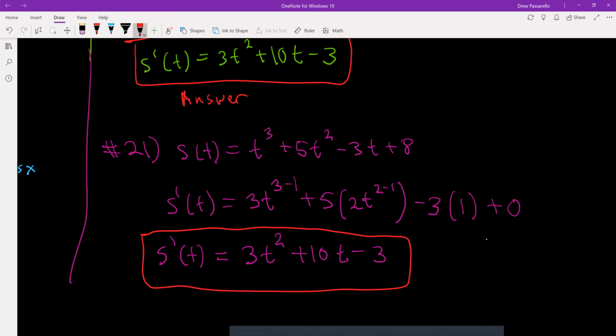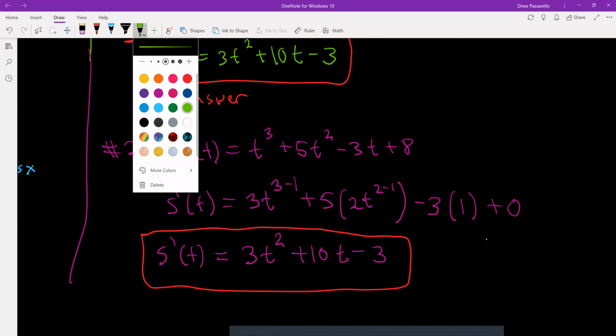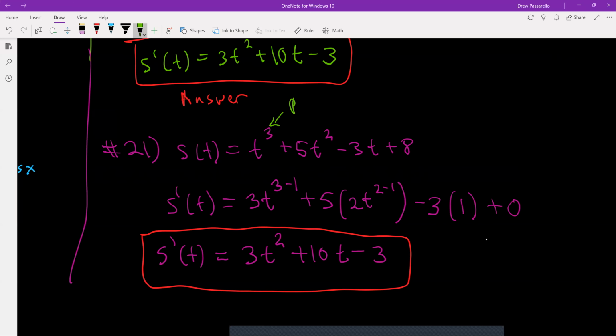And again, I used power rule. And then the t squared power rule. The derivative of t, that's just 1. That's the special case of the power rule.